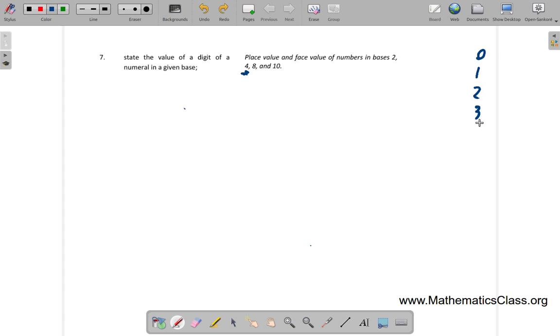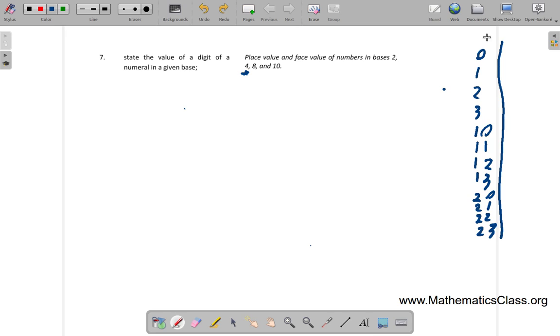So when you reach here, you have to go back to recycling these old digits. 10, 11, 12, 13. No 4s, so you go to 20, 21, 22, 23. That's counting in base 4.